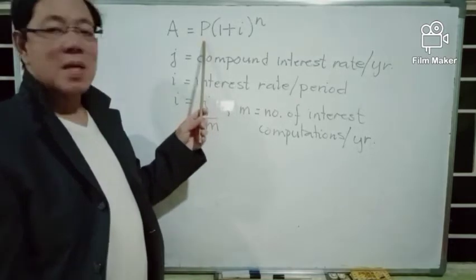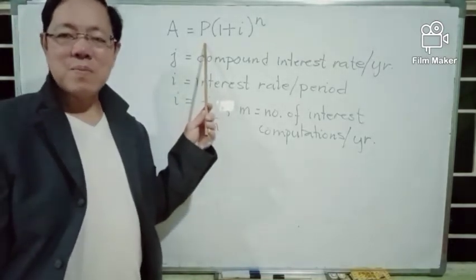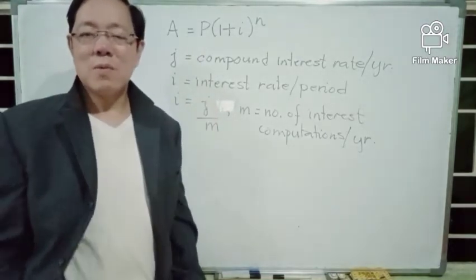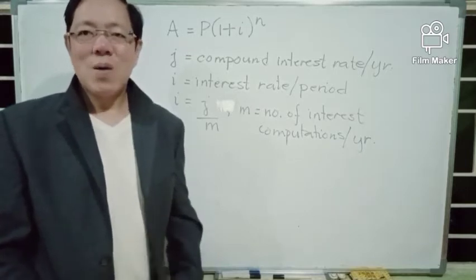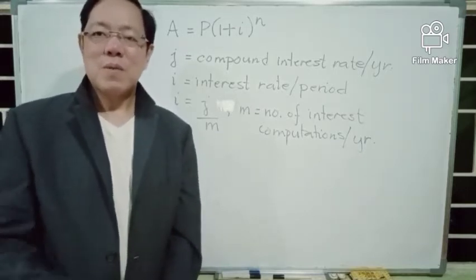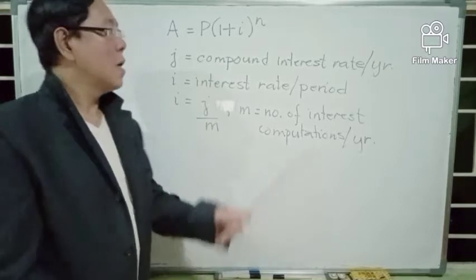In the formula, P is the principal. As we have taken before, principal is the original amount invested or the original amount of loan.